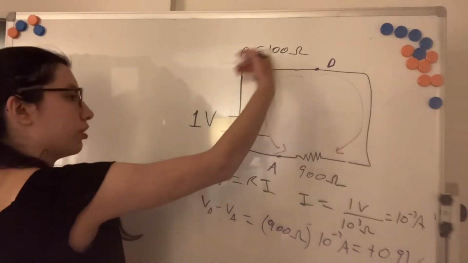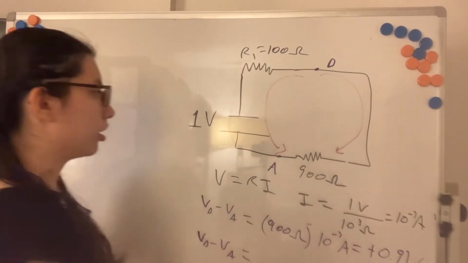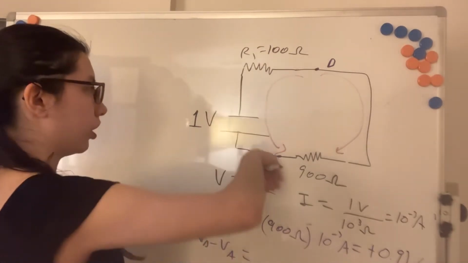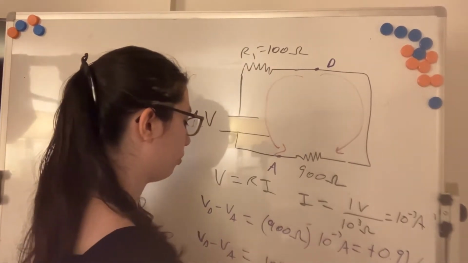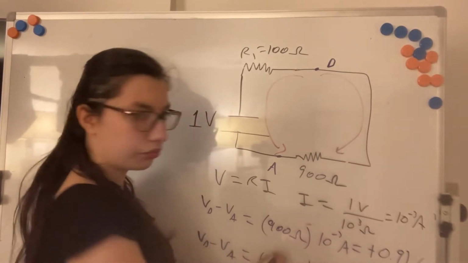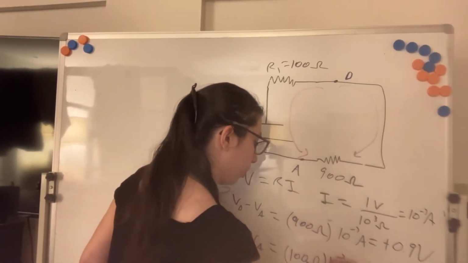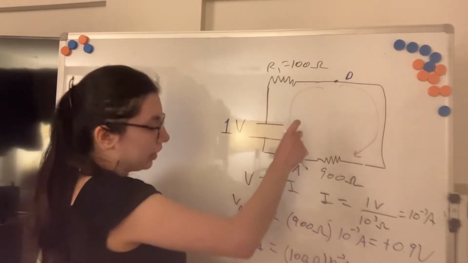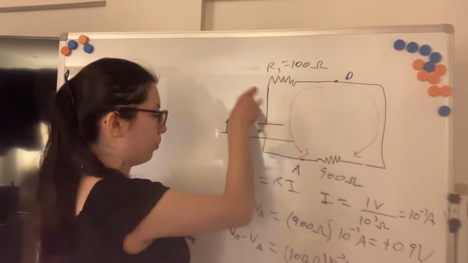Now if we take this way, we have VD minus VA is, we have this battery. So if we move from here, we have first this drop in voltage, that would be 100 ohms times 10 to the negative 3 amperes. This is the same drop, but we have here a plus in the voltage.